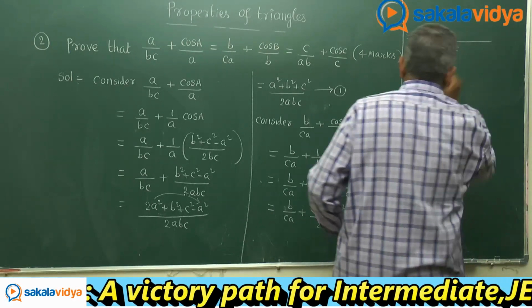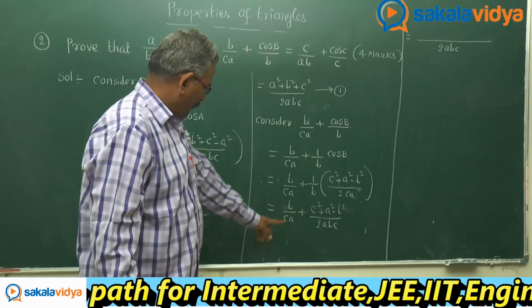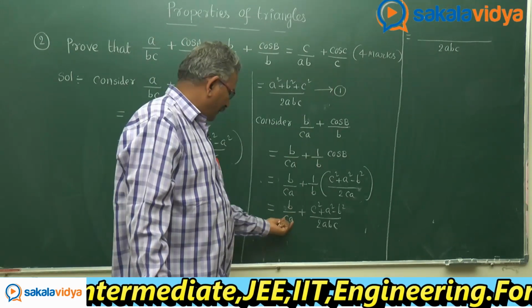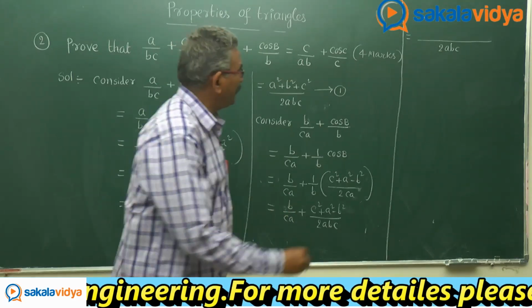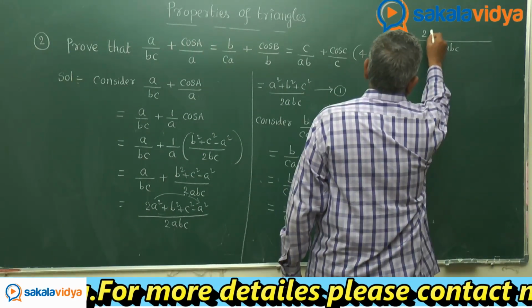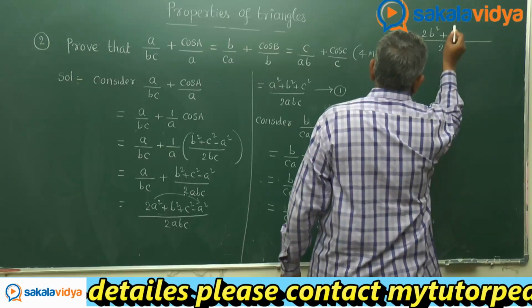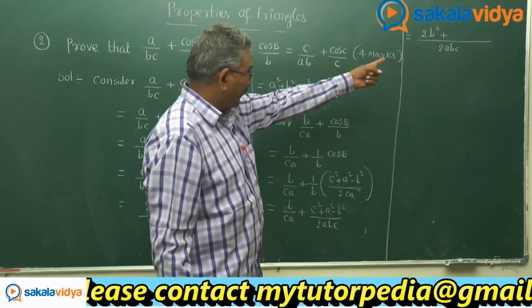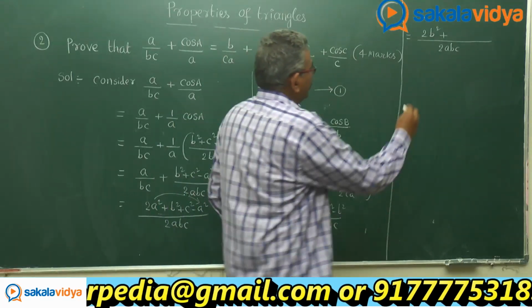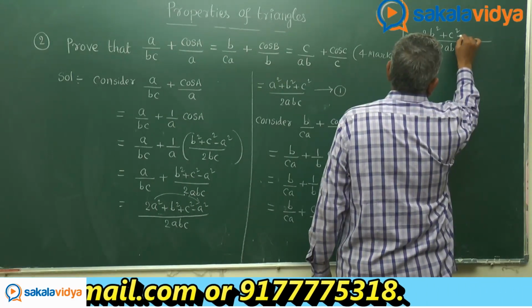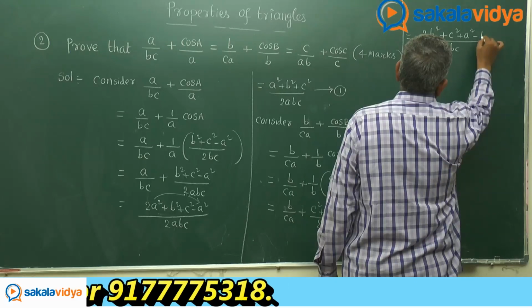You can check, am I correct? 2abc divided by ca leaves 2b, 2b into b gives 2b², plus 2abc divided by 2abc leaves 1, multiplied by this one, we get c² + a² - b².